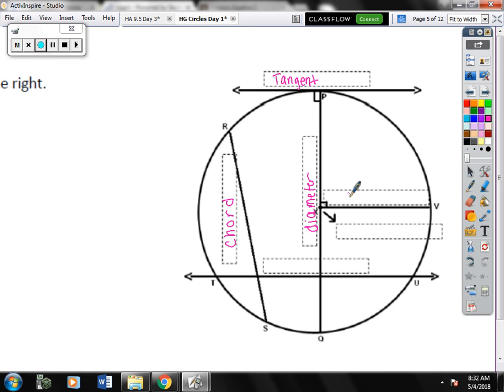Radius. Yep. This one is pointing to that part. Marquise? The center. And our last one. Right. Secant. Because it goes through and it continues on. It's a line.